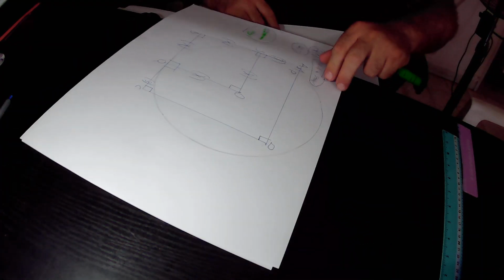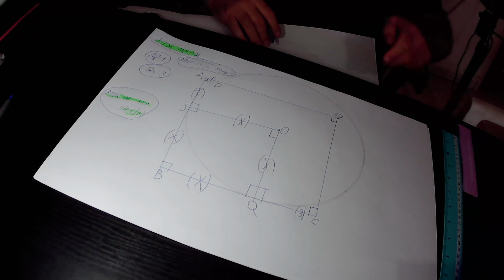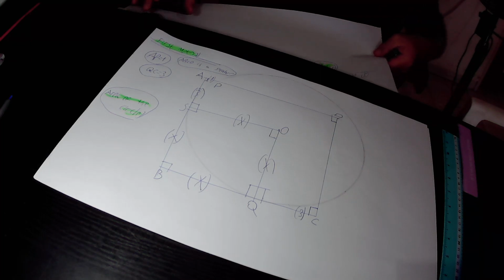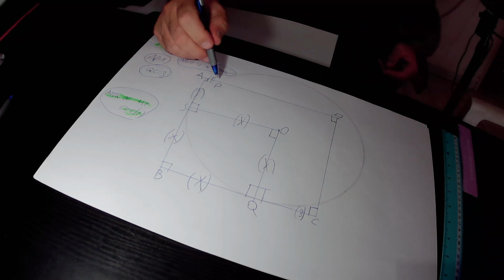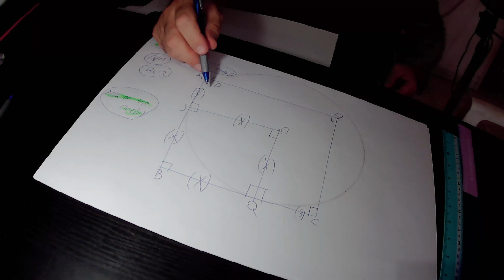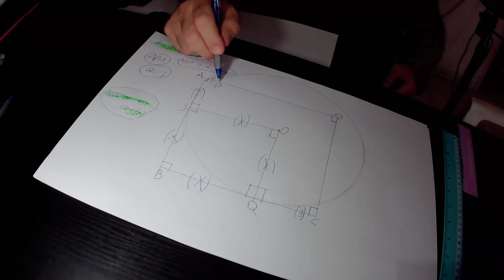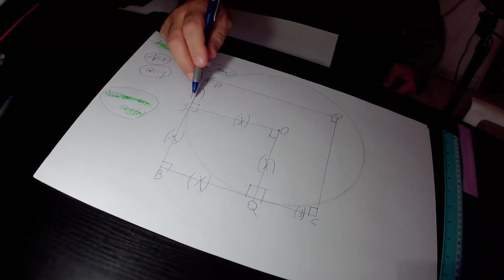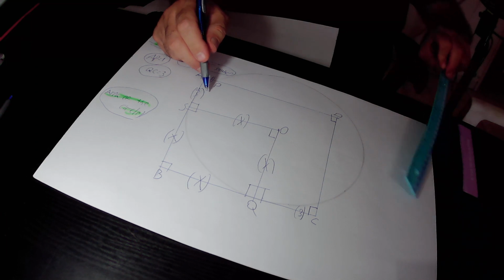In the next step, we will do a construction. That is to say, from this point P, we will draw a perpendicular on the radius SO.